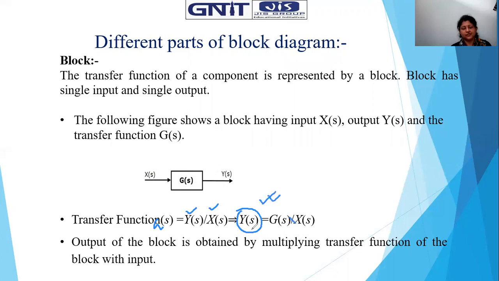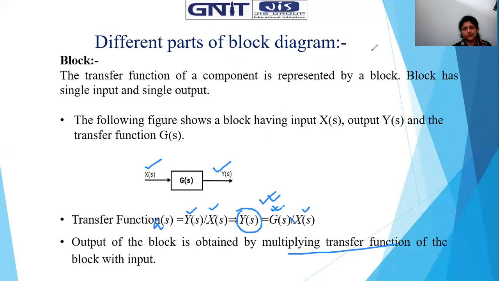The output of the block is obtained by multiplying the transfer function with the input in the S domain. So we are representing the block associated with the transfer function, the input signal, and the output signal.